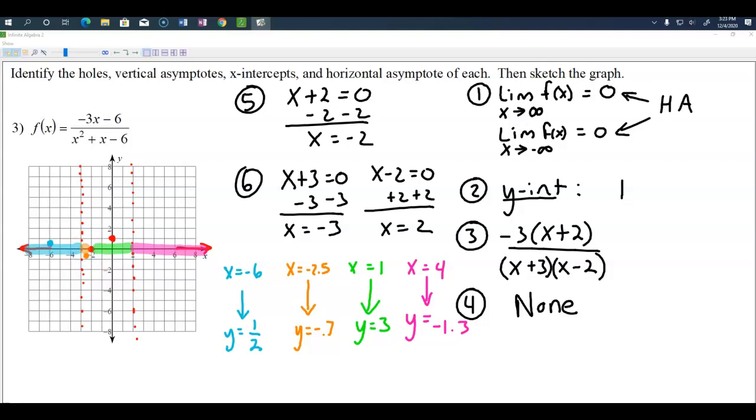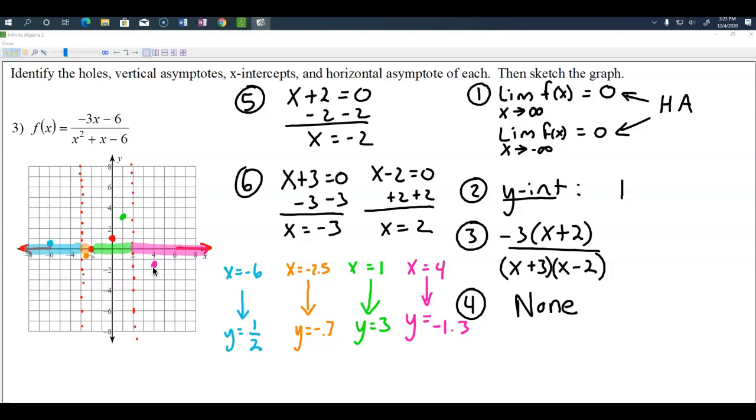And then we have when x equals 1, y equals 3. And then finally, y is -1.3 when x is 4, so that would probably be like right about here. And so now, check your dots. If not, you might want to correct those.